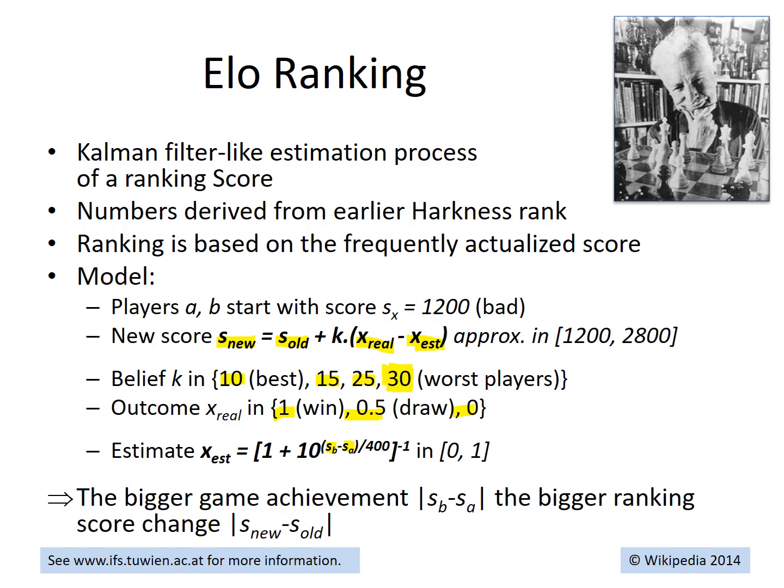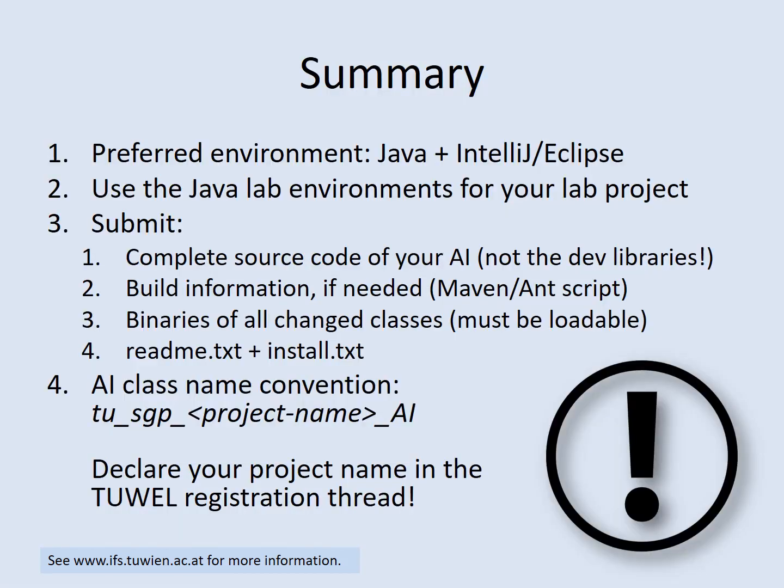Okay, the fundamental rule is the more drastically the real outcome differs from the estimate, the bigger the change. If you beat a strong player and you're yourself not that strong a player, you have a big boost. And the other way around, of course. That's why good chess players don't like playing against bad ones, because they have much to lose and almost nothing to gain.